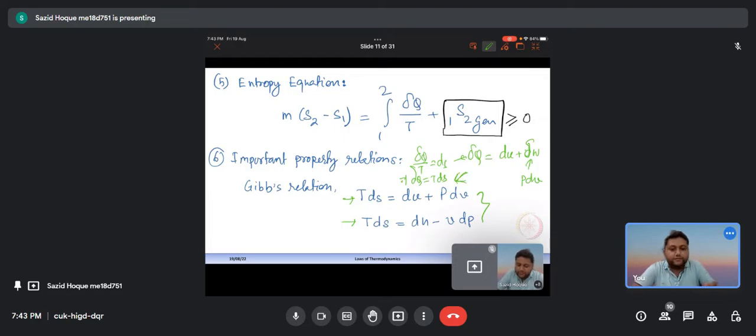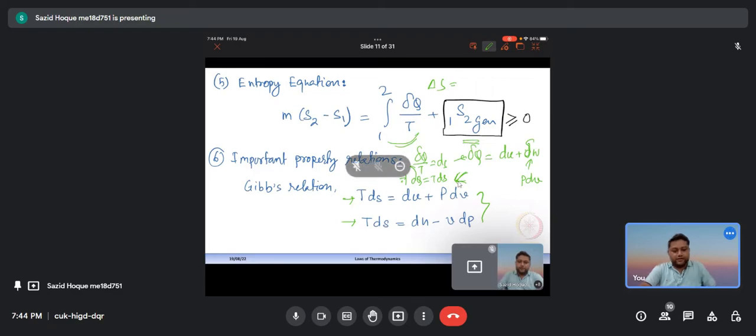For any process we cannot write this. These Gibbs relations are for a reversible adiabatic process. For the entropy equation, this is the general equation, because we have delta S given by this, plus some entropy generation, which is Sgen.